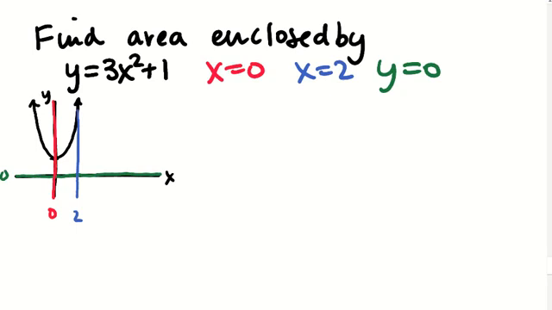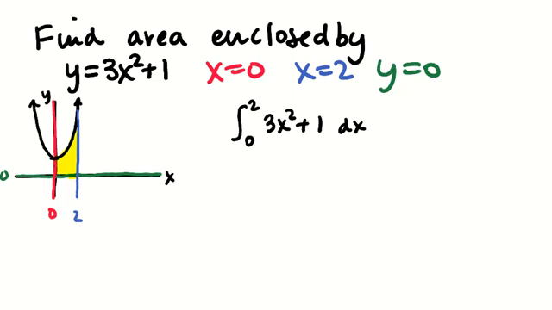So really what we're looking for is the area of the highlighted region. So what we're going to do, kind of like what we did on that quiz y'all just took, is we're going to set up an integral for this, and then we're going to take it. Okay, so the integral is going to be the area under the graph of y equals 3x squared plus 1 between x equals 0 and x equals 2. So we're going to find an antiderivative.